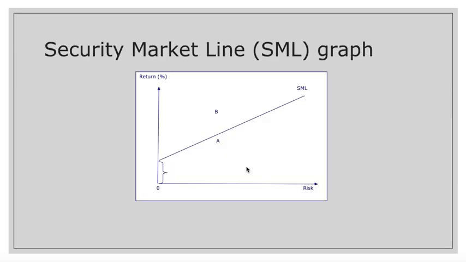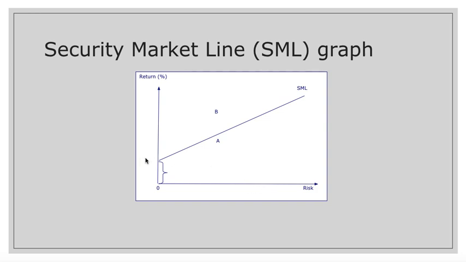Next here is the security market line, the SML graph. The SML graph shows the relationship between risk and return. As you can see here, the x-axis represents the risk, and the y-axis represents the return in percentage. If you are willing to take more risk, moving to the right, start with 0, let's say the beta 0.5, 1, 1.5, 2.